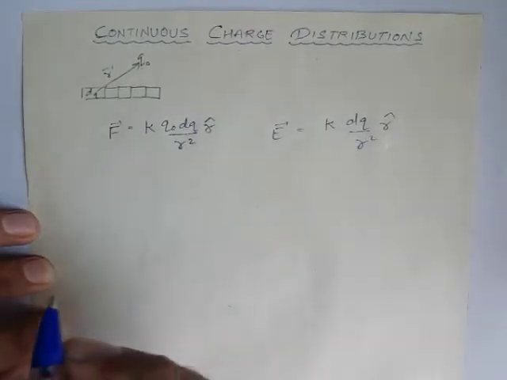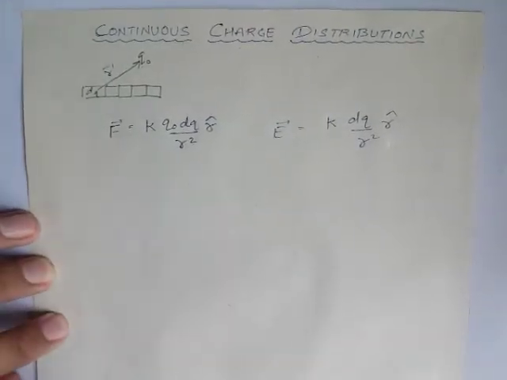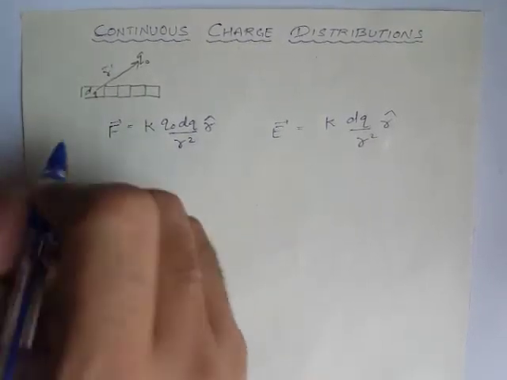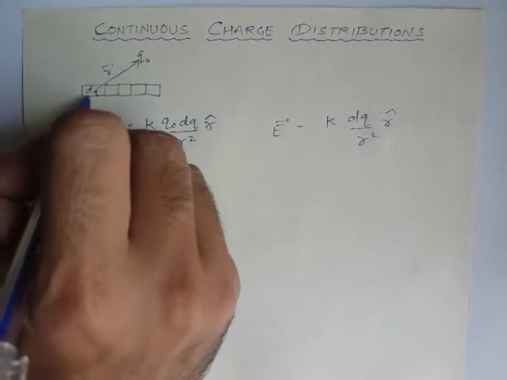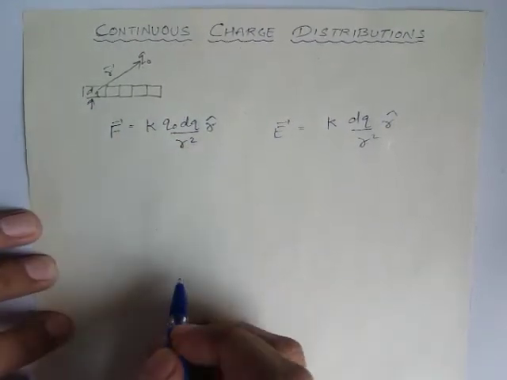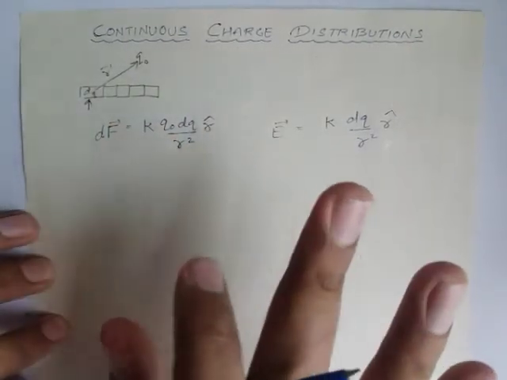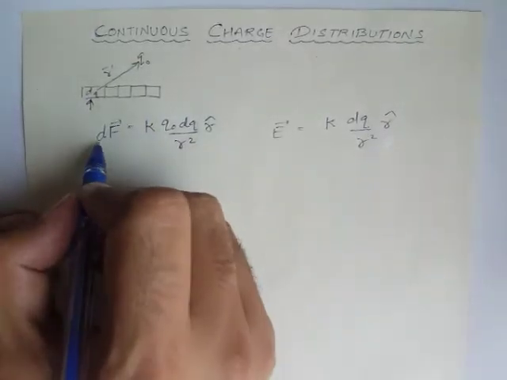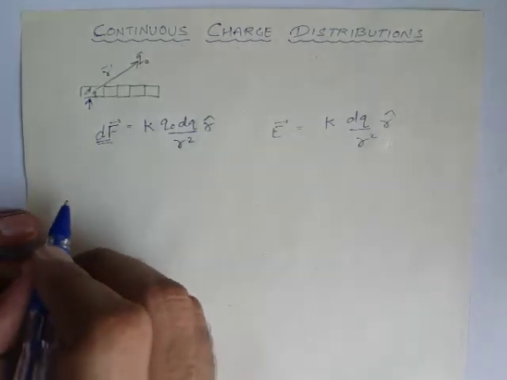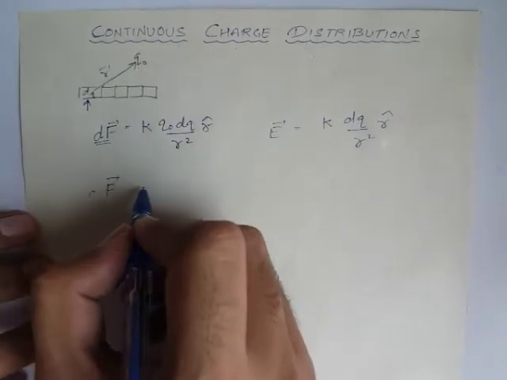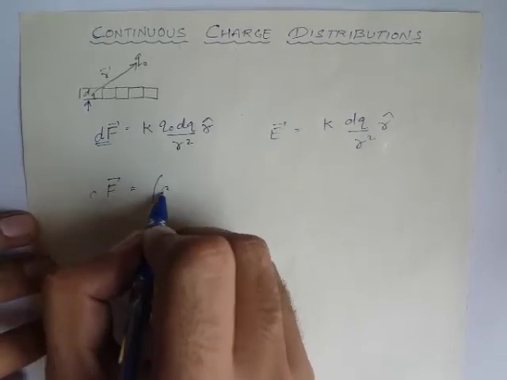Now we will note down the minute points that we need to take care of. If we need to find this dq charge's force, then it will be dF, same formula, but we need to find the small force. If we need to find the full force, then the force equals the integration of dF.